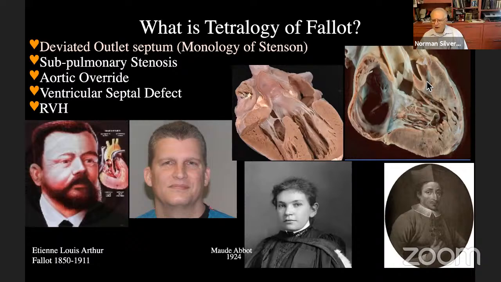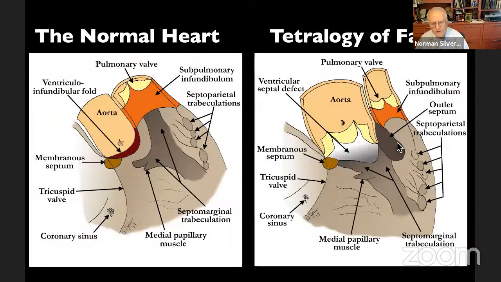And if this was clay, we could take this and close the aorta to the left ventricle, relieve the subpulmonary obstruction, and of course the right ventricular hypertrophy would be separate. Unfortunately, we cannot do that, but this is also called the monology of Stensen. And Niels Stensen lived from 1638 to 1686, a good 150 years before Etienne Louis.